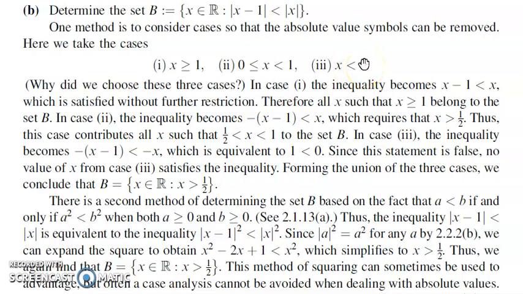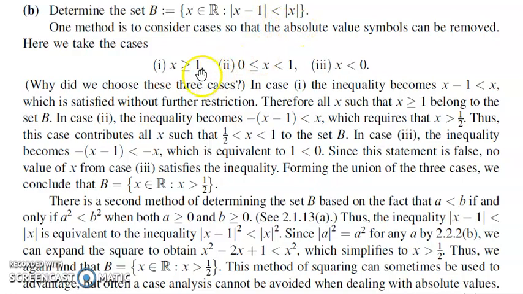So the natural question is why we choose 0 and 1 for this classification. Here the inequality is defined in terms of the points 1 and 0. This inequality can be restated as modulus of x minus 1 less than modulus of x minus 0. So the inequality is defined in terms of the points 1 and 0.